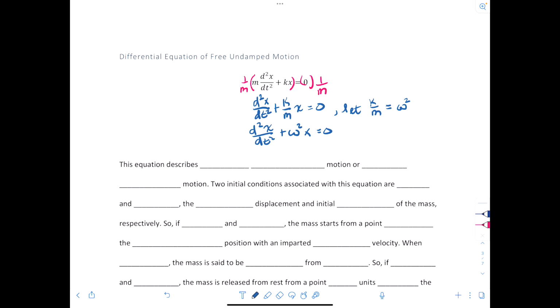Independent variable is time. This equation describes simple harmonic motion or free undamped motion.